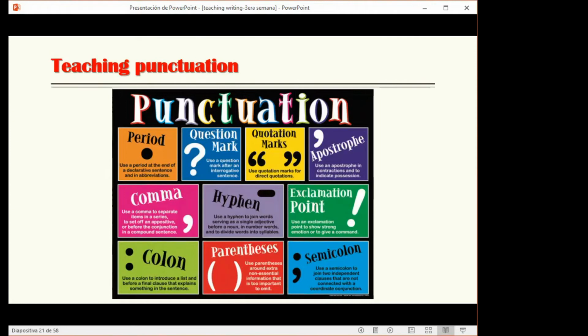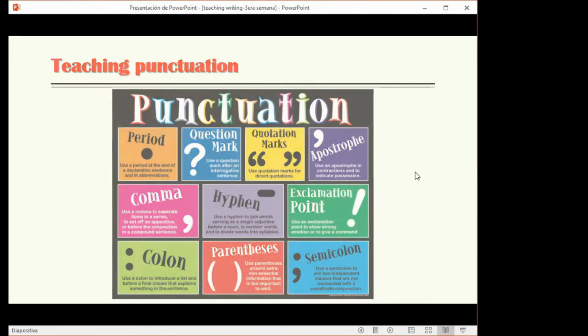Use quotation marks for direct quotations. Apostrophe. Use an apostrophe in contractions and to indicate possession. So here you have different uses of punctuation marks: the comma, the hyphen, the exclamation, the colon, parenthesis, semicolon. So we have different aspects of when to use these punctuation marks.